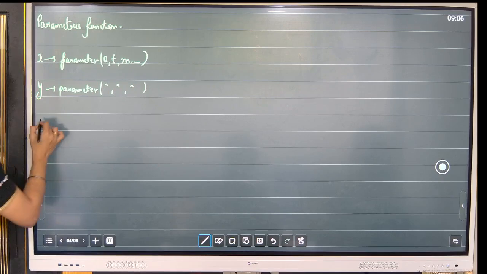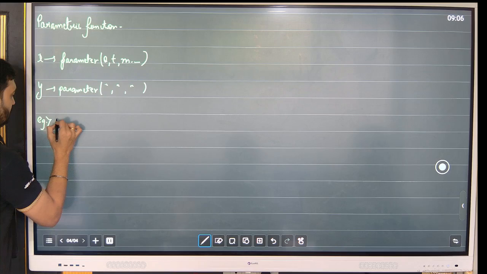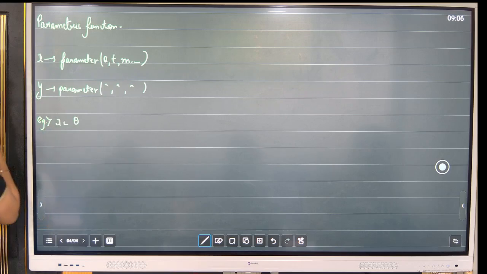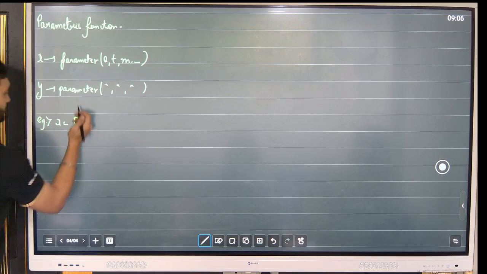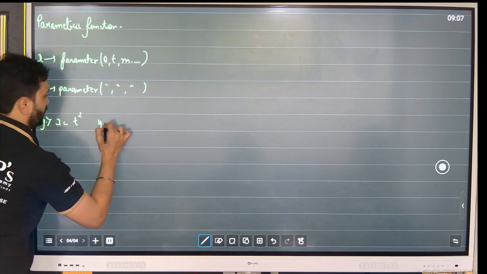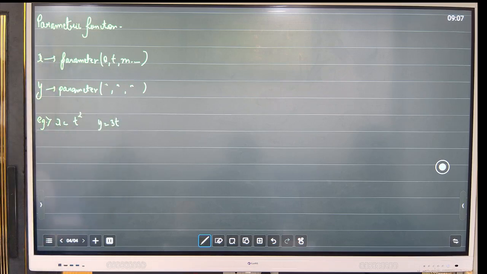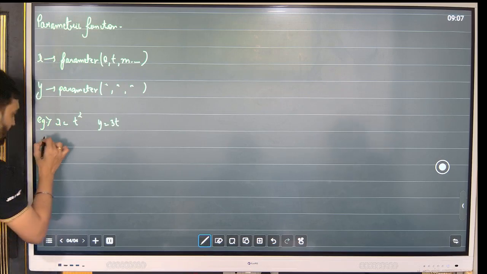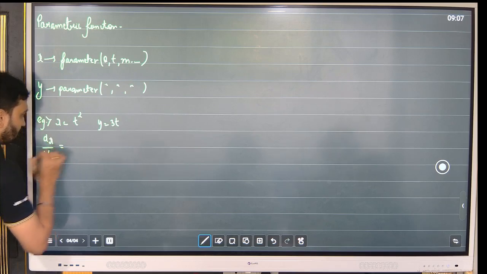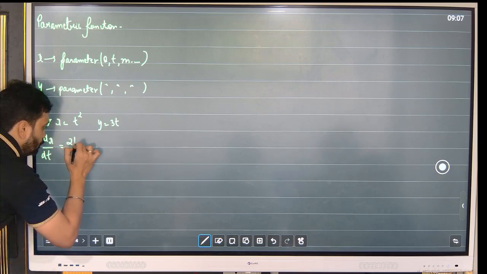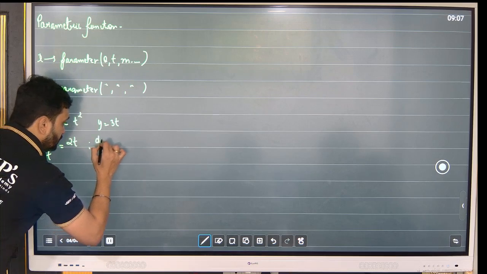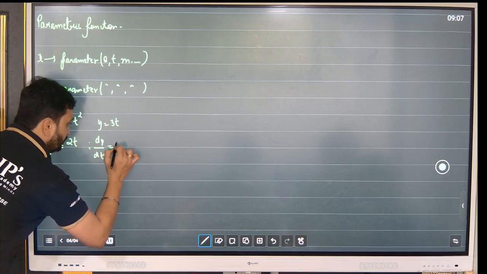So let's take an example. Say for example, x is equal to t square, y is equal to 3t. Step number 1, I will find out dx by dt, which will become 2t because I am differentiating with respect to t. dy by dt will become 3.